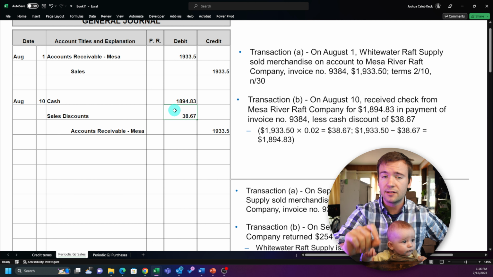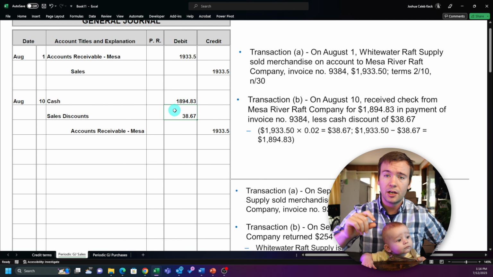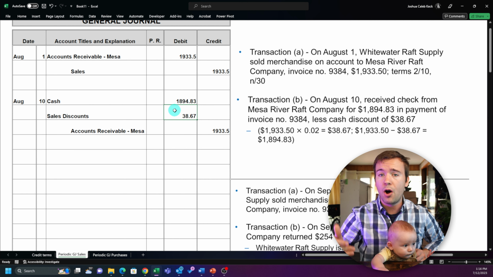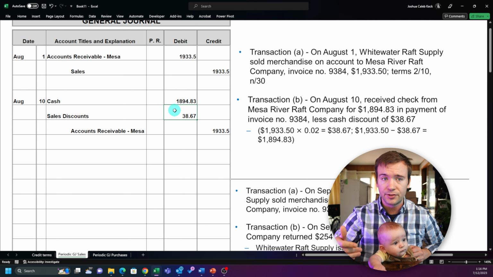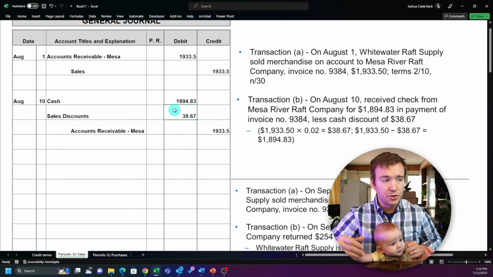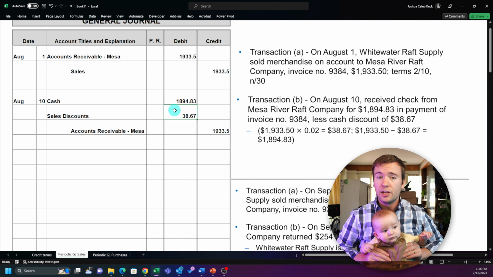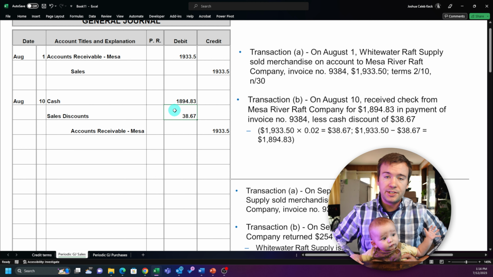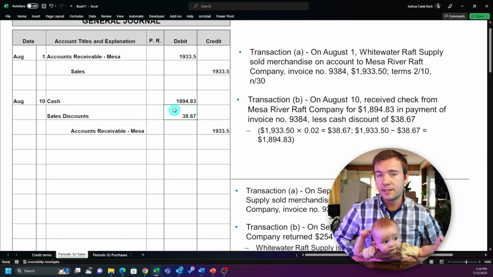So sales discounts and sales returns and allowances are both contra sales accounts. And then on the income statement, we're going to show all of that as well as the net sales. And why that's important is because it provides more information to decision makers. It's important to be able to track and to know how much did you give away in cash discounts to your customers?